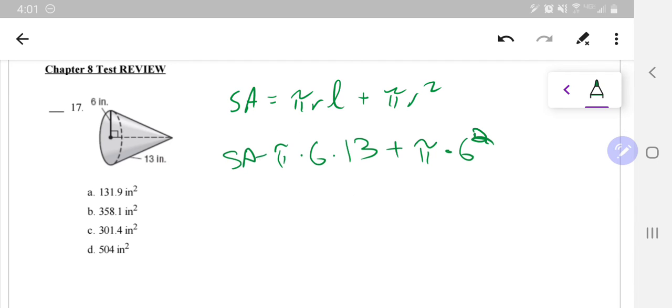My hand is getting a little tired. I just did the same thing for my 7th grade class, and whew. All right, what do we got here? When that comes out, it is 358.1 inches squared, and so we got B there.